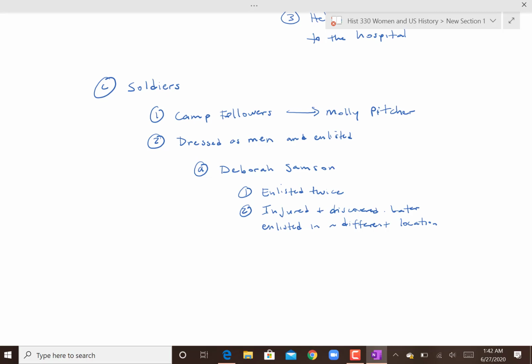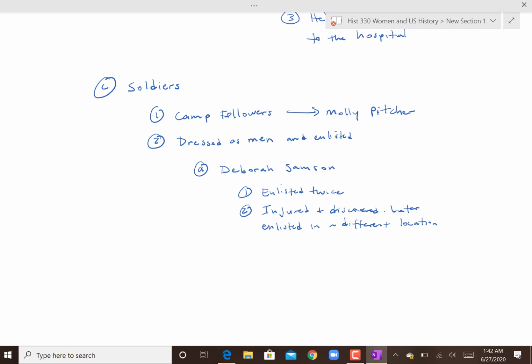She got shot in the leg and then took out the bullet herself and tried to clean it so that she wouldn't get caught. It ended up getting infected with lead, the blood poisoning, and she passed out. They took her to the hospital, and then the doctor discovered that she was not a man. So then after she healed, she went to a different location and enlisted as another man and fought again for a while.